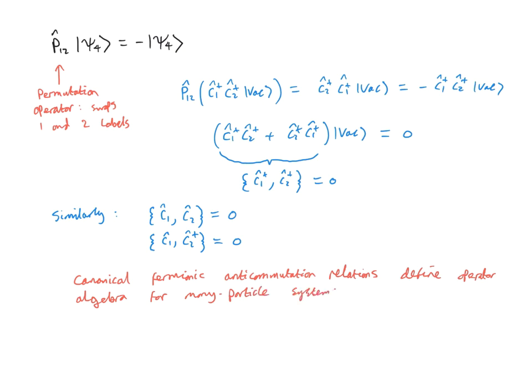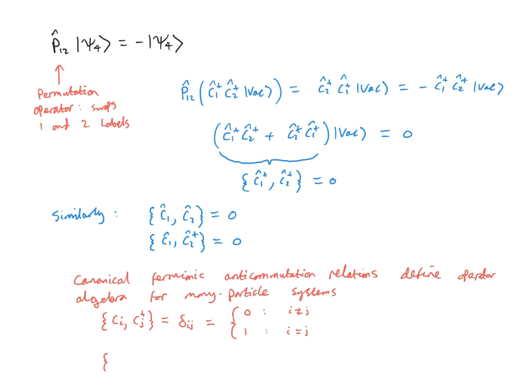And let me just summarize those. We have that the anti-commutator of Ci with Cj dagger is equal to delta ij, the Kronecker delta, which, just to remind you, means either 0 or 1. It's 0 if i is not j, and it's 1 only if i is equal to j.